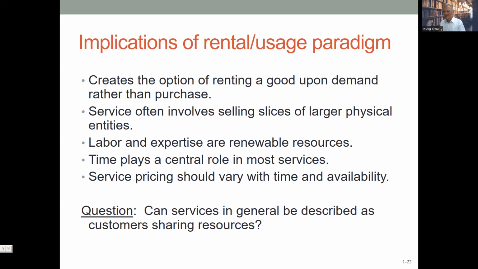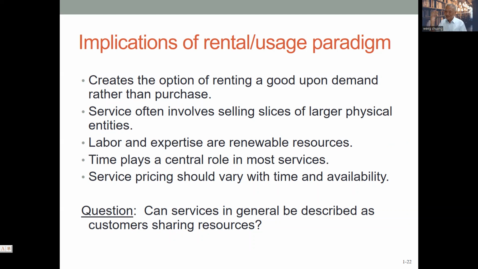And service pricing should vary with time and availability. That's one way to keep the balance of demand and supply and to solve the issue of perishability of service, the problem that service cannot be kept as inventory.